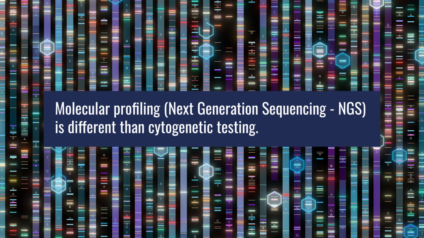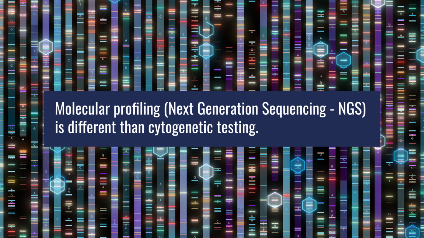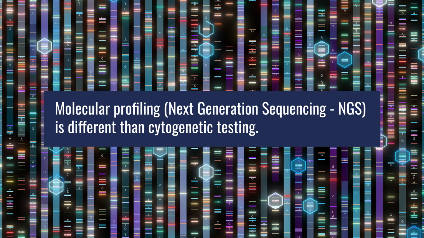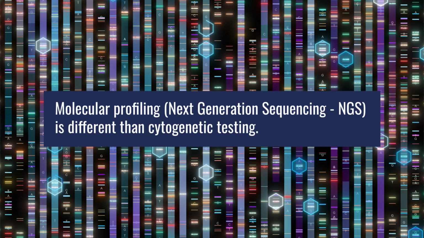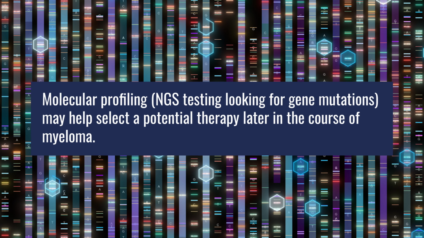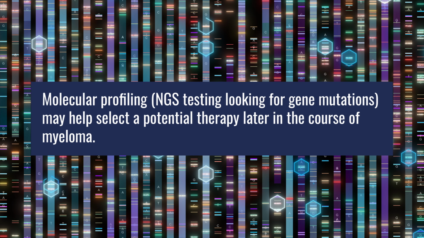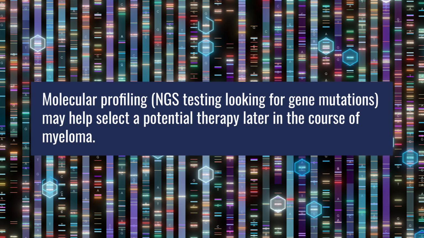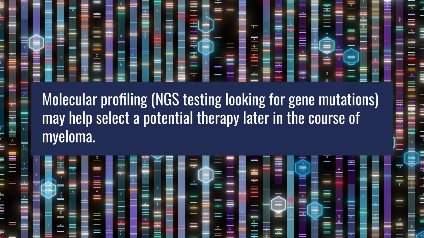The one exception, and we've been doing it at Clonal, and all of our centers have been, which I'll talk about in more detail, is molecular profiling, which is different than cytogenetic testing. Cytogenetic testing is just looking for prognostic factors, but molecular profiling is looking for predictive ones. Something that predicts a response to a certain therapy because there's a certain molecular abnormality. You're screening for a target. You're not screening for just, how's the weather.